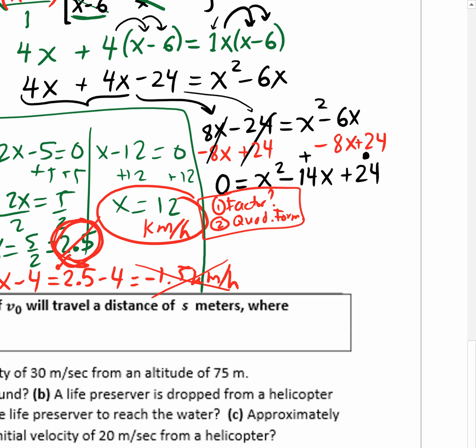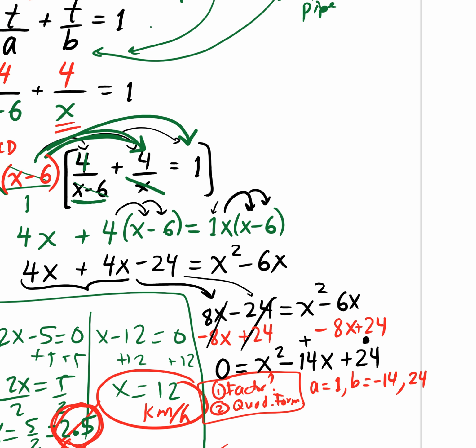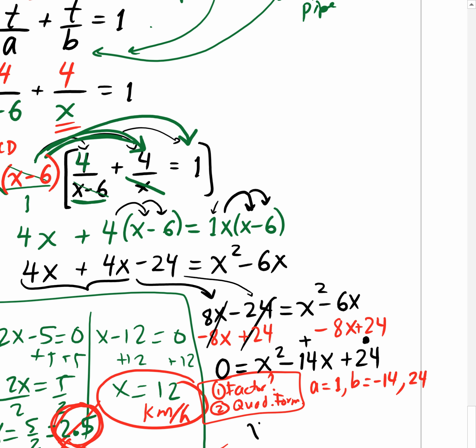Alright, but the a, b, and c values are pretty clear. A is the coefficient of x squared, that's 1. B is the coefficient of x, which is negative 14. C is the constant term, 24. Okay, I'm going to write it out, and since we're running out of room, I'm just going to say, imagine you had the quadratic formula in front of you.